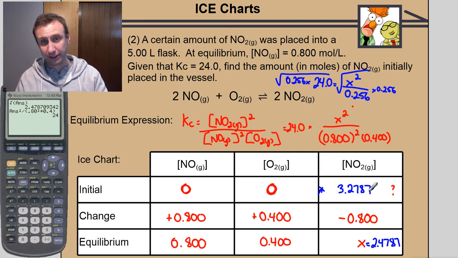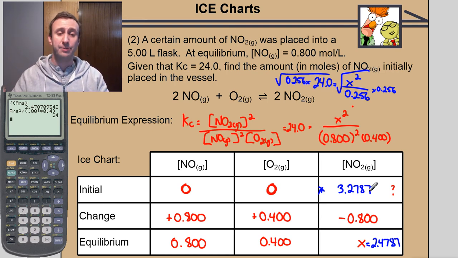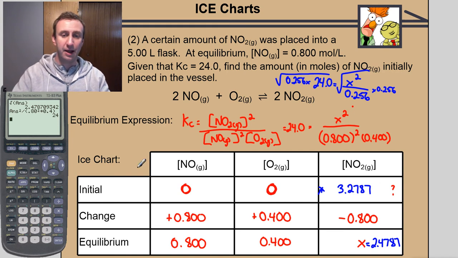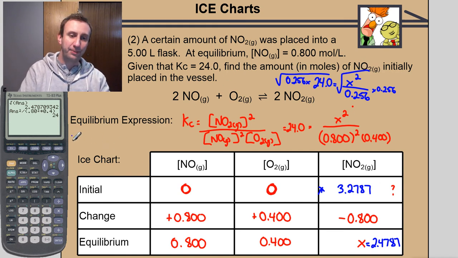So that's the concentration that I had before it was placed in my vessel. But I need to find the number of moles of NO2. So the last step is doing a little bit of n is equal to CV, where I take my 3.2787 moles per liter, multiply that by the 5.00 liters I've got.